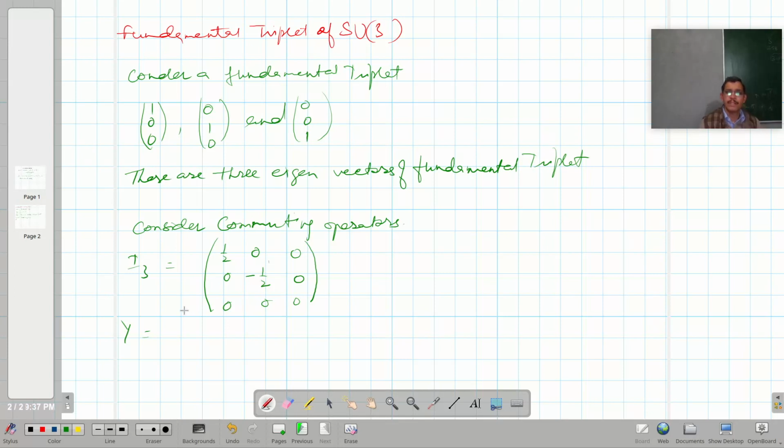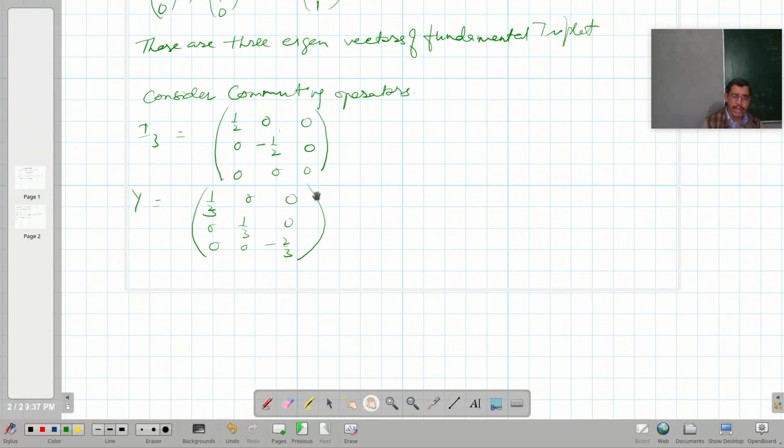So this is a way of representing isospin in three-dimensional space. And as we know, the hypercharge is basically 1 by 3, 0, 0, 0, 1 by 3, 0, and 0 0 minus 2 by 3. So this is a way to represent the hypercharge.